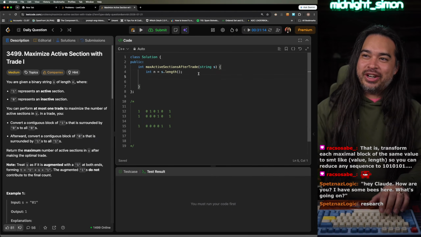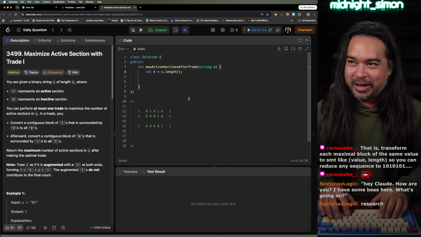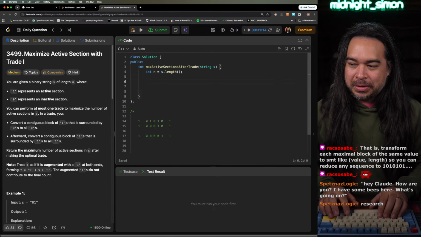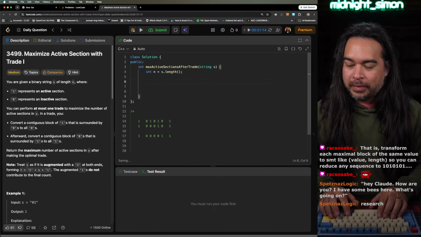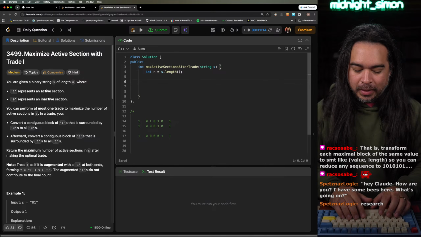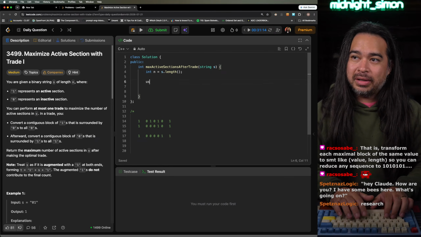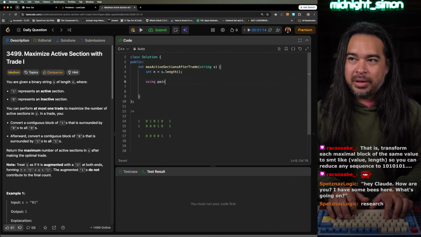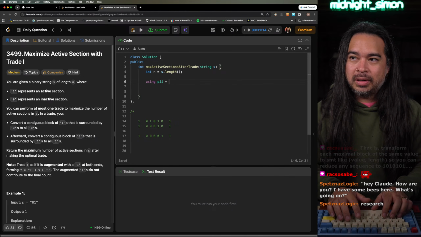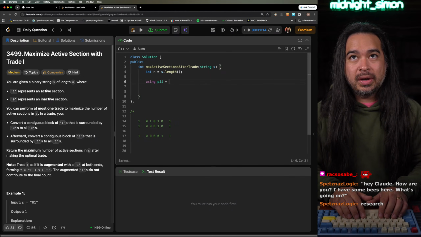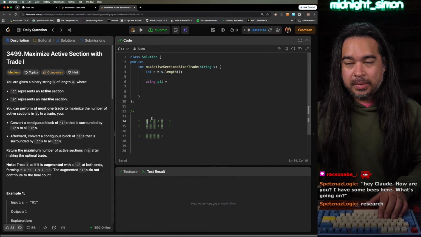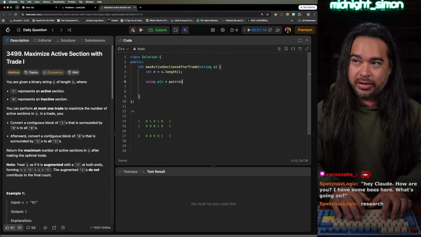All right, so we're gonna try that, what Rexo is saying. So we gotta... I guess we can either use a vector of pairs to represent those things, and then it will have whatever in it.